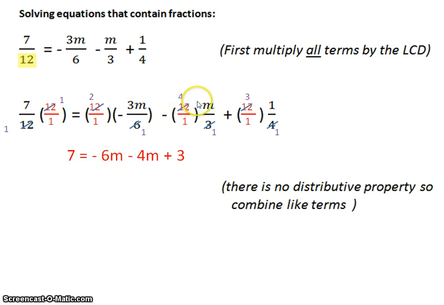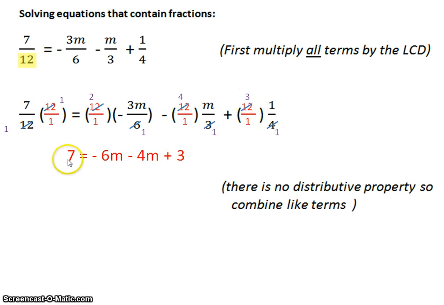I have 4 times m over 1, which would be 4m, but remember, the sign in front is subtraction, so that will be minus 4m. In the last set here, I've got 3 times 1 in my numerator and 1 times 1 in the denominator, so I'm going to end up with 3.